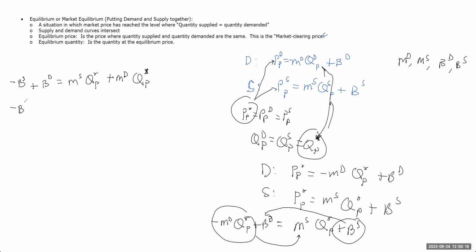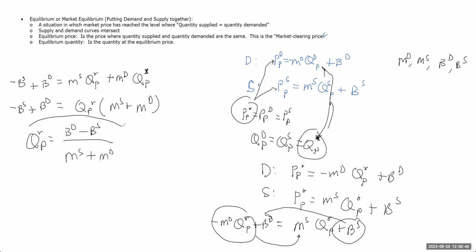We have minus B_S plus B_D is equal to Q star times M_S plus M_D. So then Q star is equal to B_D minus B_S, I just flipped them, over M_S plus M_D.